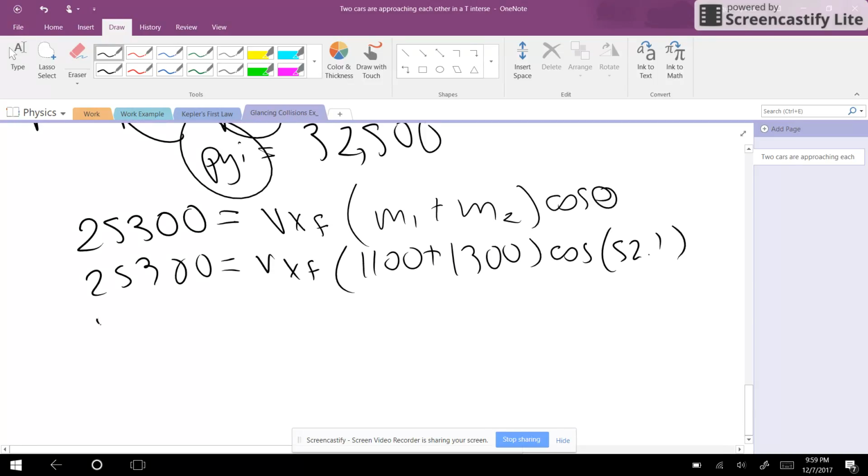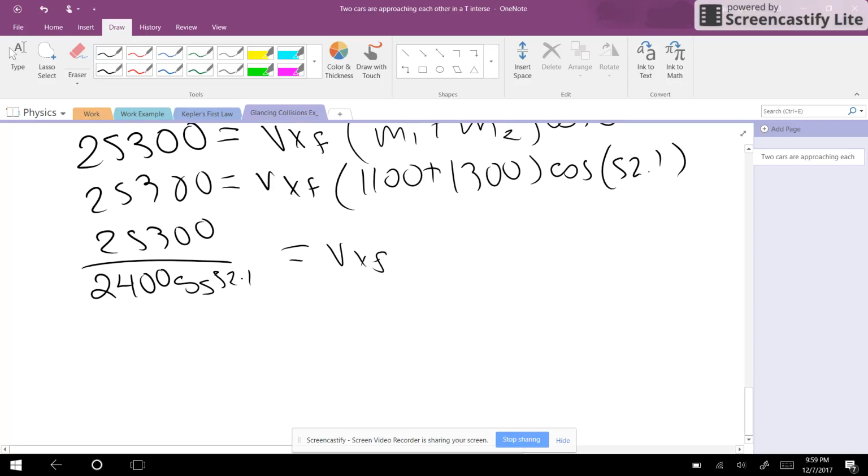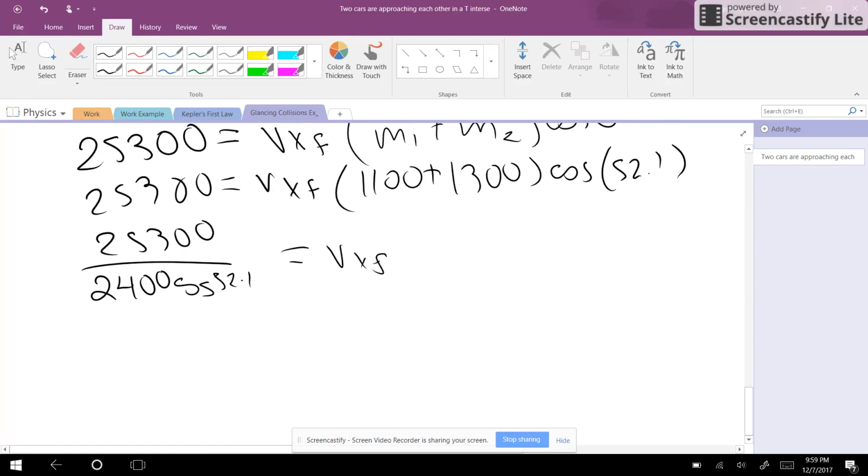Take this to the bottom: 2400 cosine 1 equals vxf. So let's figure that out. 25 divided by 2400 cosine 0.1. This is going to equal 17.16 meters per second on the x.